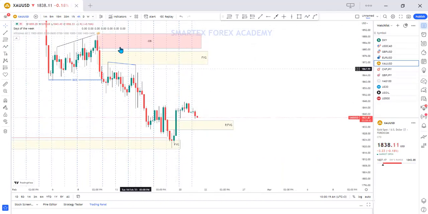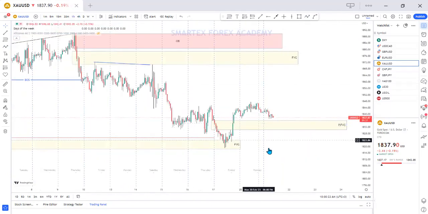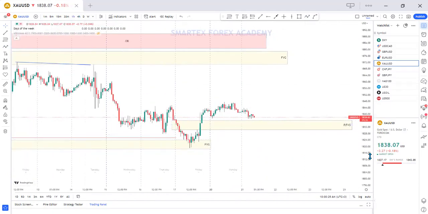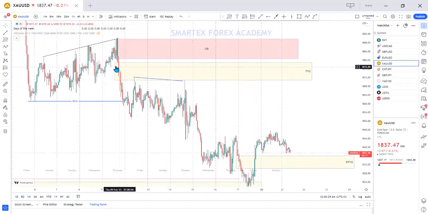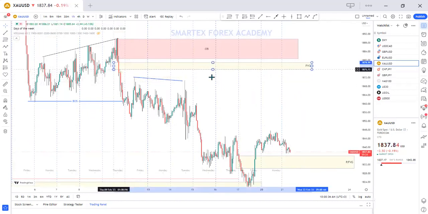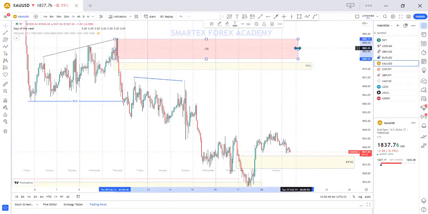Let's see in 1 hour. Yeah, in 1 hour. So I'm expecting the price to go back here. There is a fair value gap here. So when we refine it to 1 hour, the price will be that. That will be our fair value gap in 1 hour. And this is our bearish array.